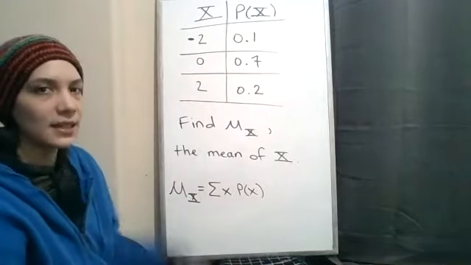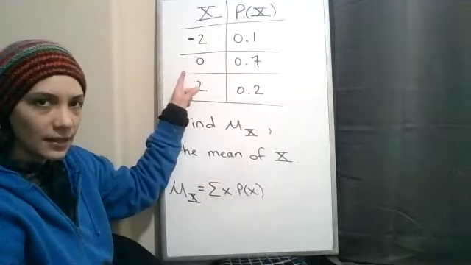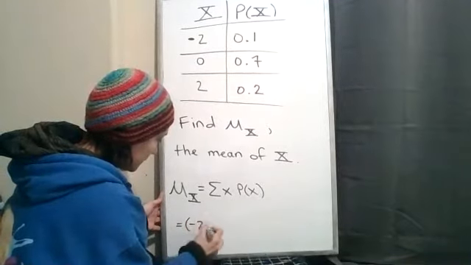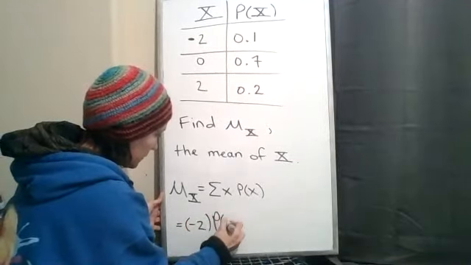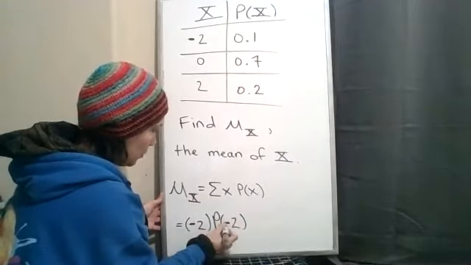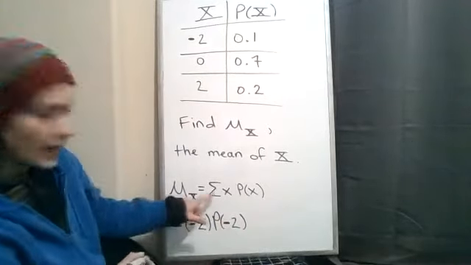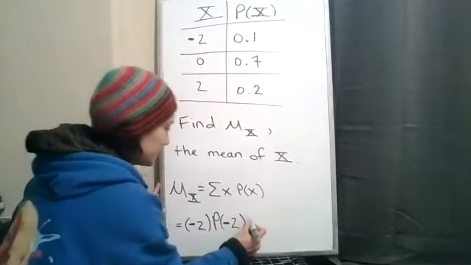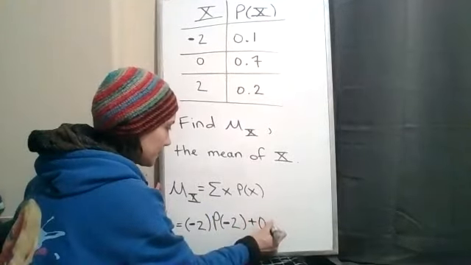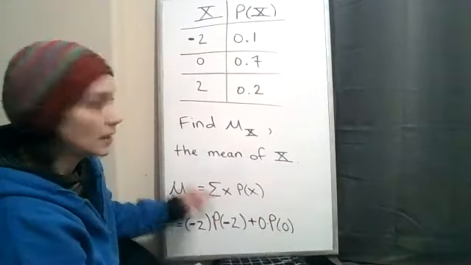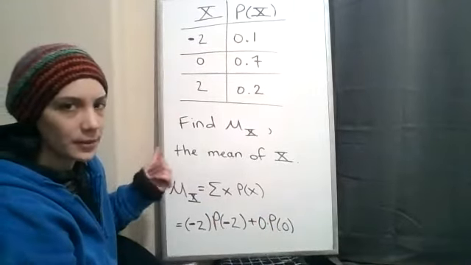This time it's -2 times probability for -2. All right, add 0 times probability of 0. And add 2 times probability of 2.